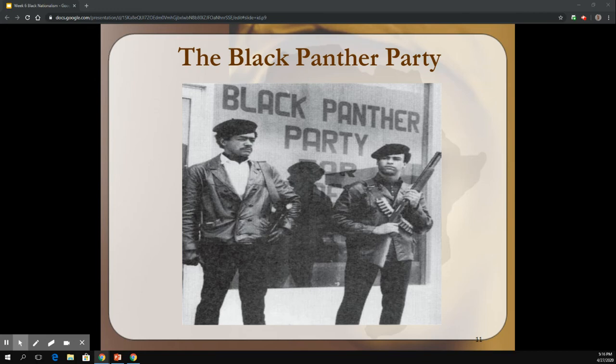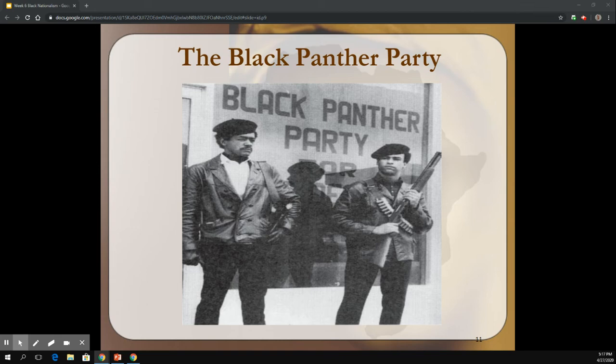The Black Panther Party conducted armed patrols to monitor police. They also engaged in community service work, such as breakfast programs, medical clinics, and after-school programs. The Black Panthers fed thousands of children per day. Their breakfast program was so successful, the federal government adopted it.